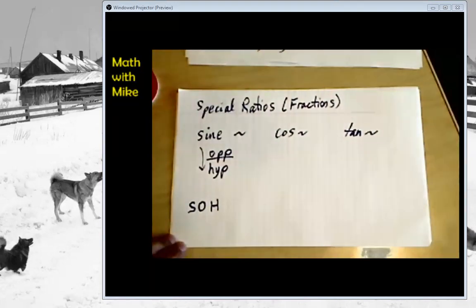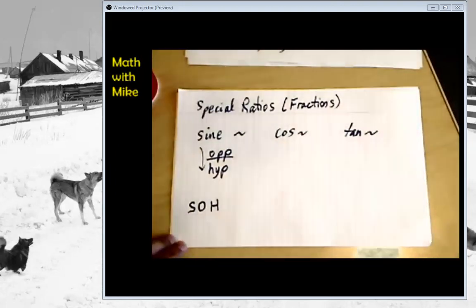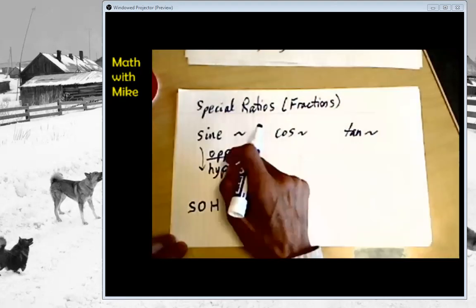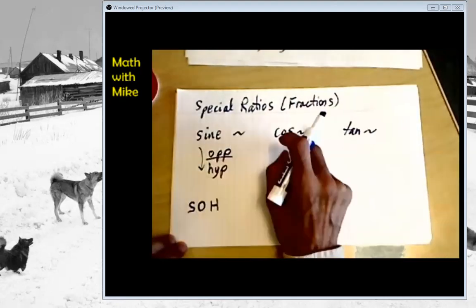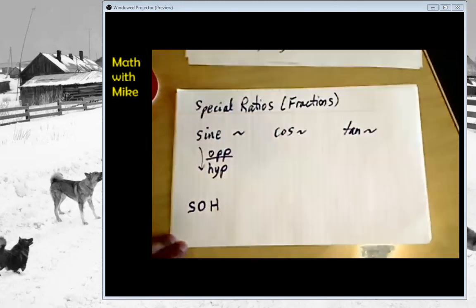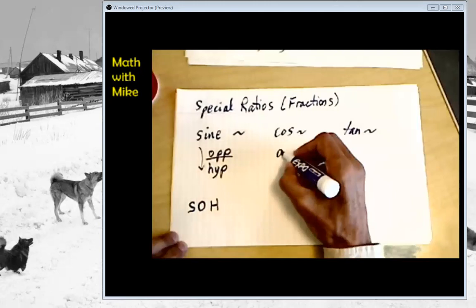Okay. Cosine. Same question. What are the sides that always combine together? What are the sides that make up cosine? Nice.